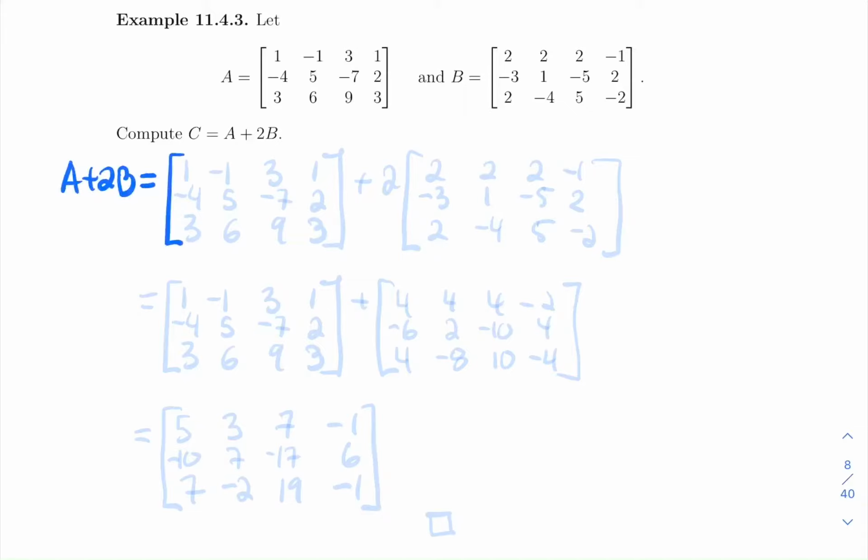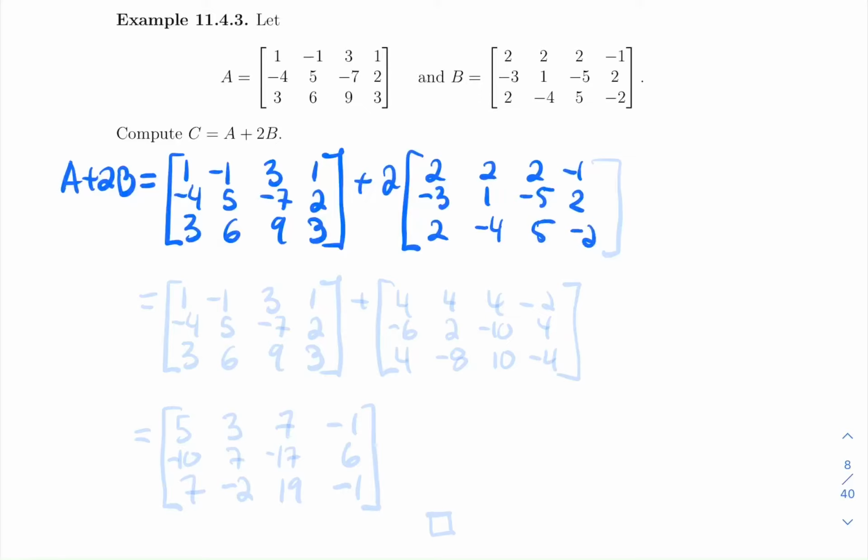So if you write A first, you have 1, minus 1, 3, 1, minus 4, 5, minus 7, 2, 3, 6, 9, 3, plus 2 times 2, 2, 2, minus 1, minus 3, 1, minus 5, 2, 2, minus 4, 5, minus 2.